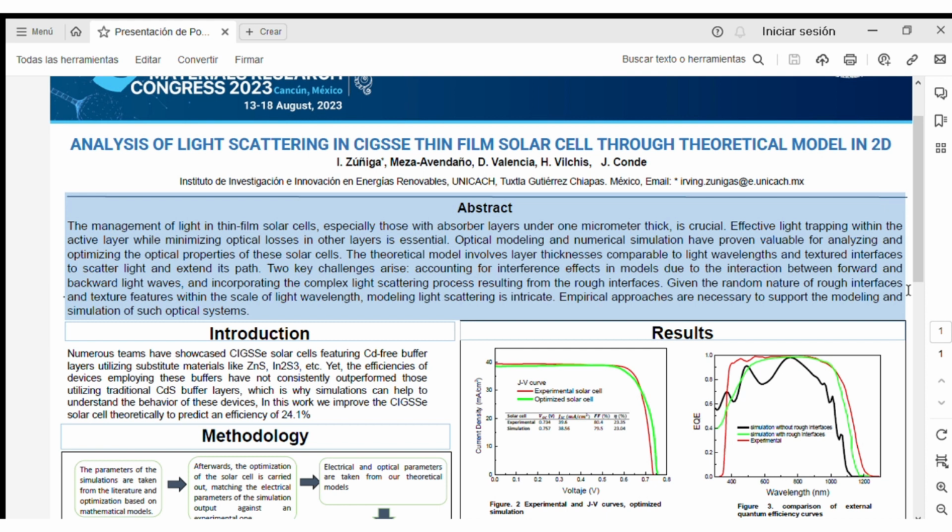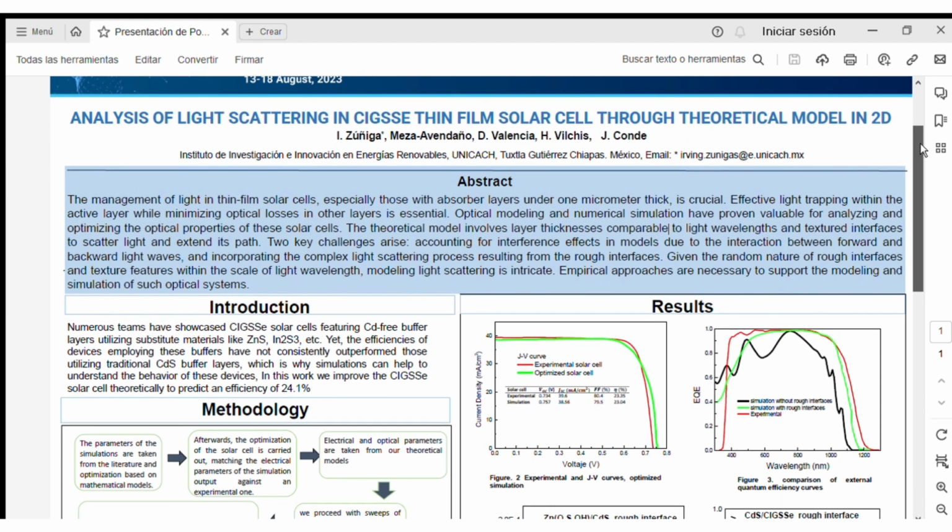Given the random nature of rough interfaces and texture features within the scale of light wavelength, modeling light scattering is intricate. Empirical approaches are necessary to support the modeling and simulation of such optical systems.